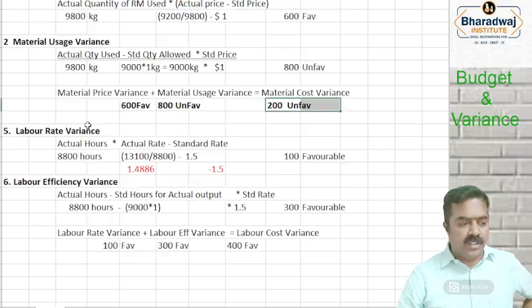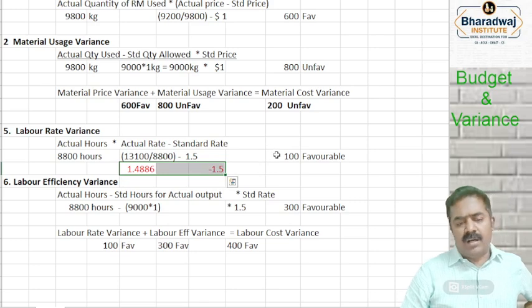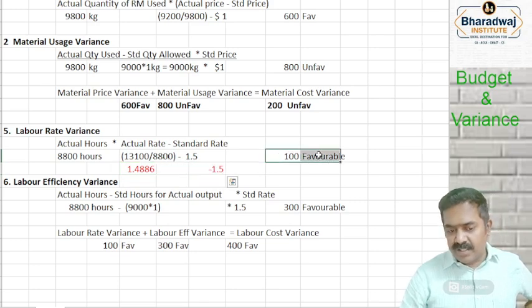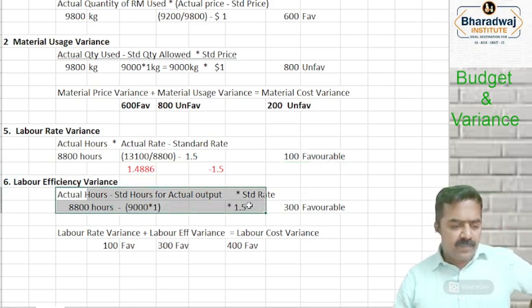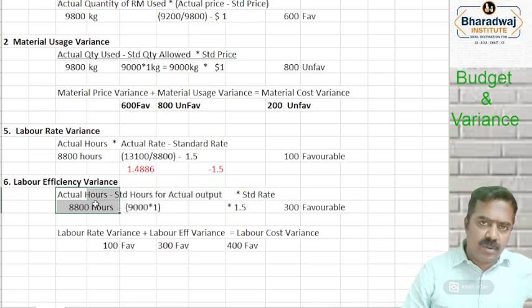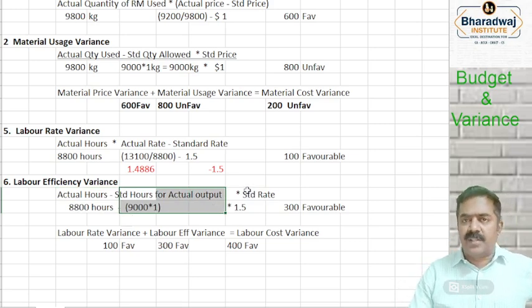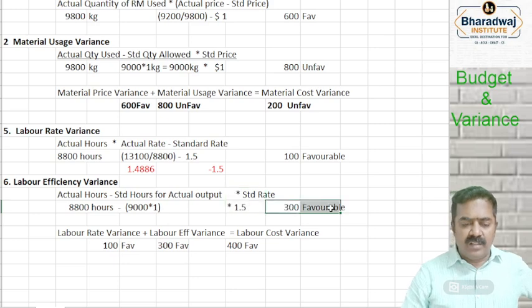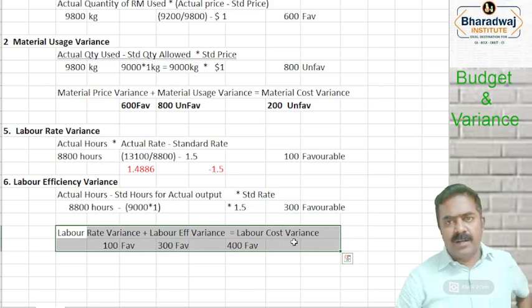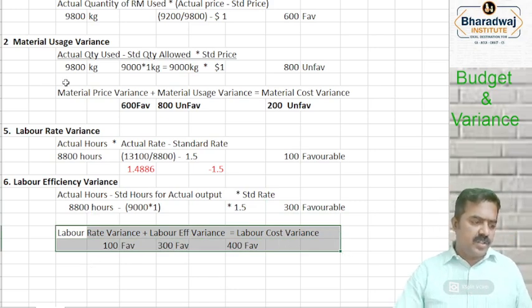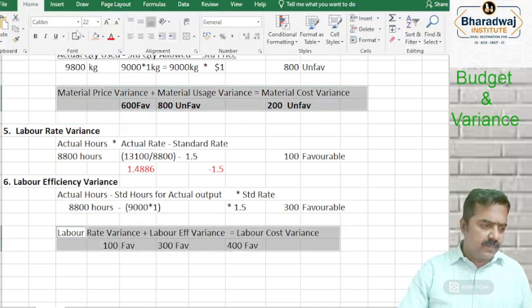In the budget column, labor rate, we spent less than what is allowed, so it is favorable variance. Efficiency variance, we have taken only 8,800 hours, but our workers can take 9,000 hours. We have saved 200 hours into 1.5, 300 favorable. Rate variance plus efficiency variance will give us labor cost variance. It's a verification.